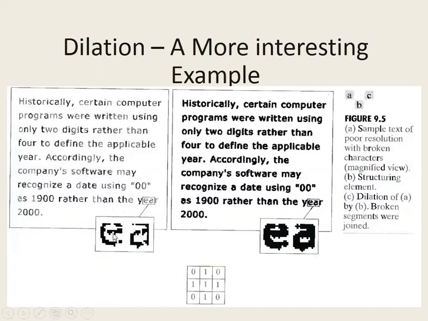There is a need to fill those discontinuities, and to fill them, we have to go for dilation. By running over the whole image, finally it has to connect the disconnected parts of the image. So especially for historical documents, to recover their original quality, such kinds of morphological analysis are critical.